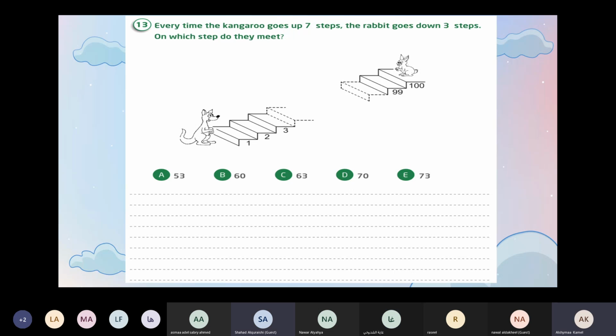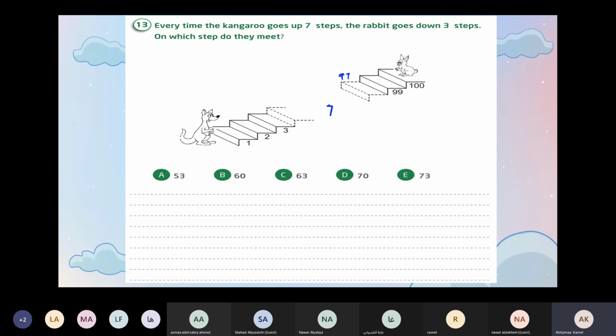Okay. What do you think, Raya? Every time the kangaroo goes up 7 steps, so the first one, the kangaroo will be on step number 7. The rabbit goes down 3 steps, so it will be on step 97.